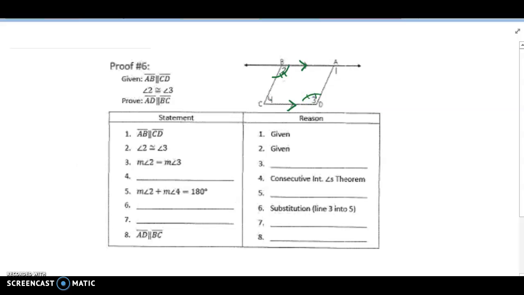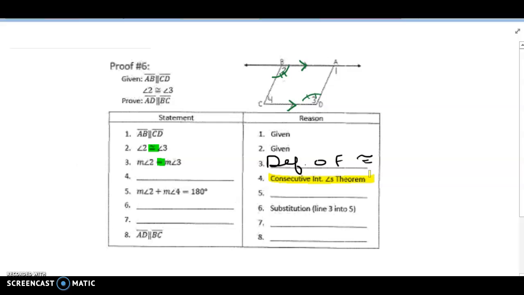Now notice here, all I did is I changed the congruent sign to an equal sign, and we should know by now we can do that just by the definition of congruent. We should be past that by now. Now number 4, we're going to use the consecutive interior angles theorem.